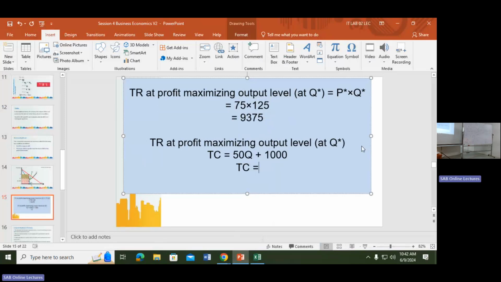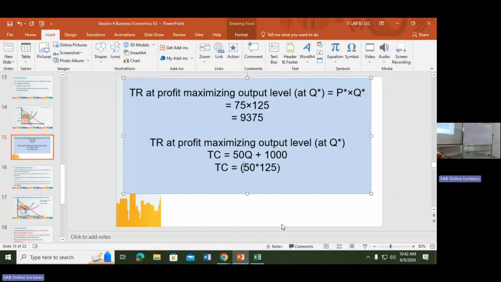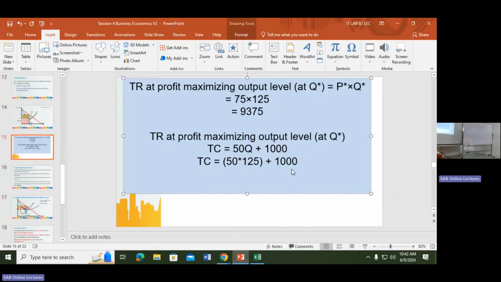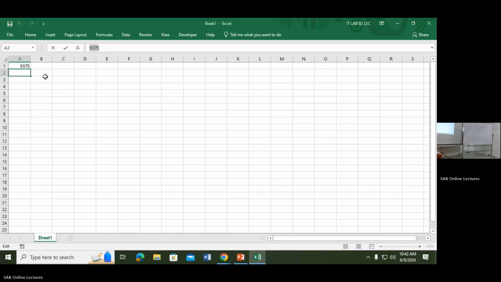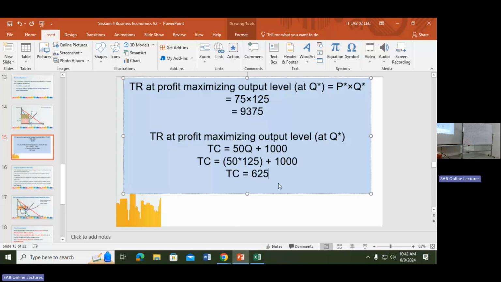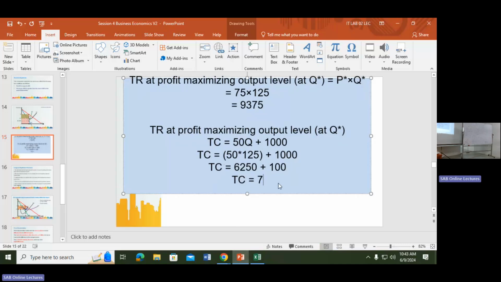Then substitute 125 for Q and add 1000. 50 times 125 is 6,250, plus 1000. TC equals 7,250.